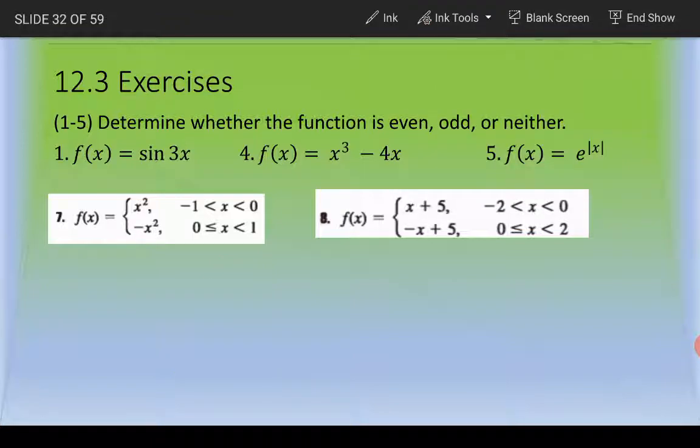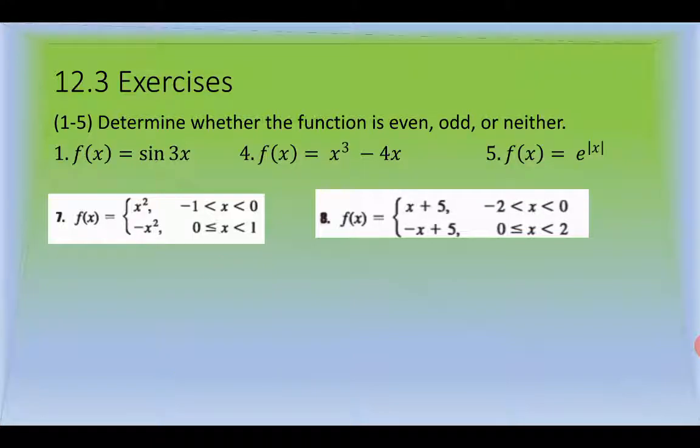Now the question is, when the function is defined piecewise, how to verify? If I give you f of x as first part h1 of x, second part h2 of x, in the intervals negative p to 0 and 0 to p, a function will be defined piecewise in this way, right? Take h1 of negative x.